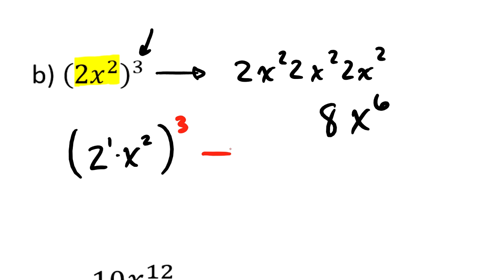What I can do is say, this is going to become 2 to the 1 times 3 power, and then I'm going to multiply that times x squared times 3. So when I look at these individual products, 1 times 3 is 3, 2 to the third is the number 8, and 2 times 3 is exactly 6. So we end up seeing that we do indeed get 8x to the sixth.